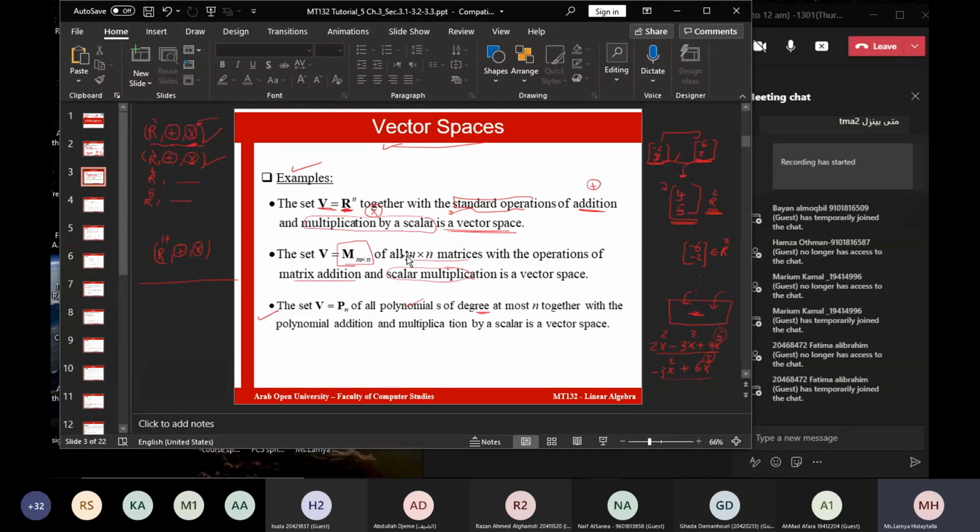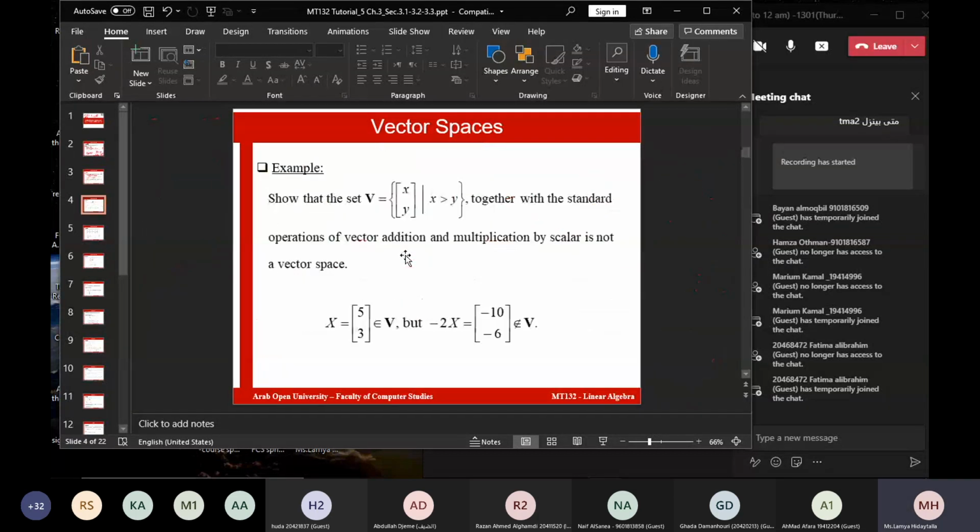Usually to prove that it is a vector space, it takes long. So it's much easier to ask you to prove that it is not a vector space. So let's see some examples here. Show that the set of vectors V, the vectors x, y such that x is greater than y, together with the standard operation of vector addition and of course standard multiplication by a scalar, prove that it is not a vector space.